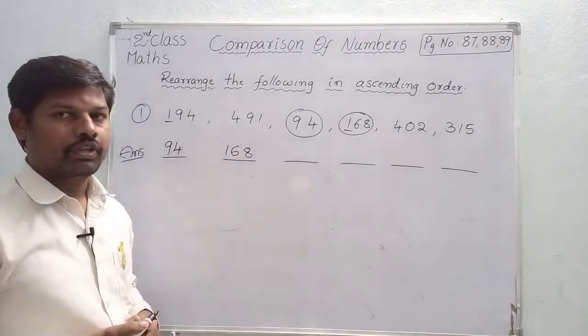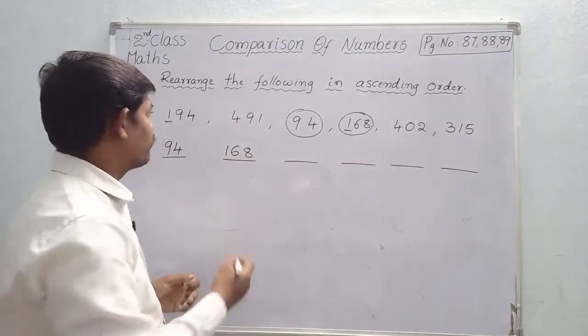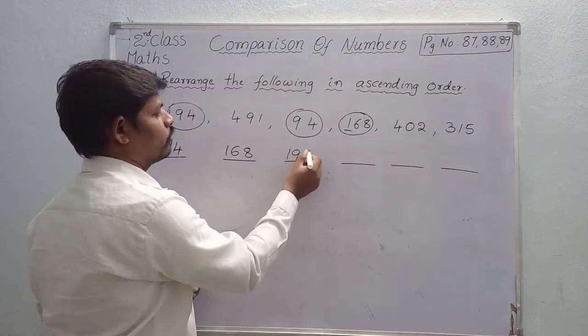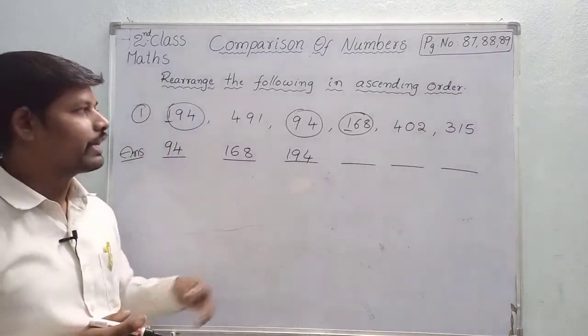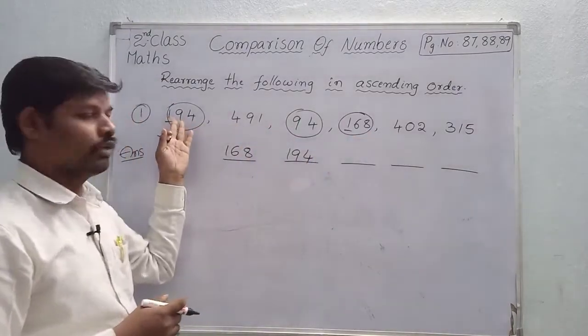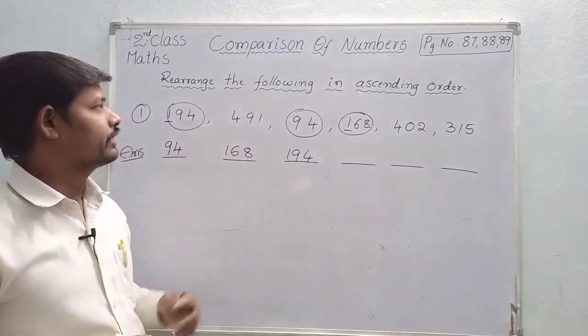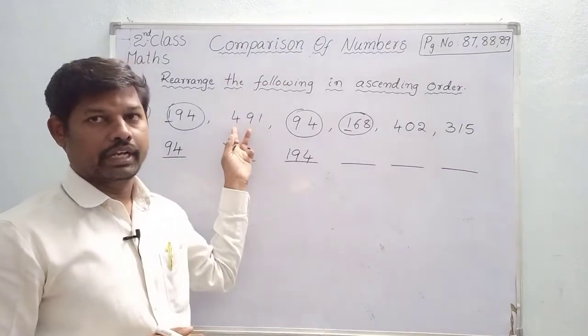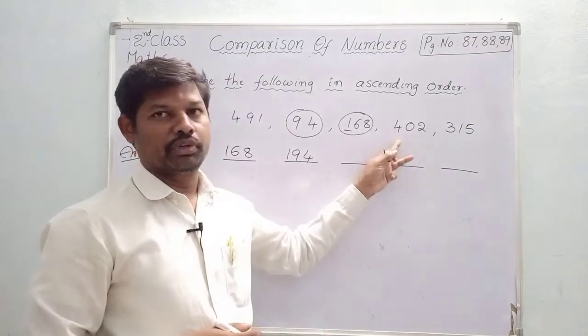Right here, 168. Okay, then almost the third number becomes 194. Because comparing with other hundreds place, this is the 1. That is why third number written. Then the remaining you can compare. So this is 4 in hundreds place. Here also 4 in hundreds place.